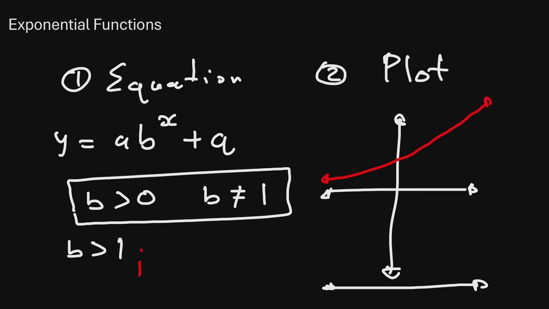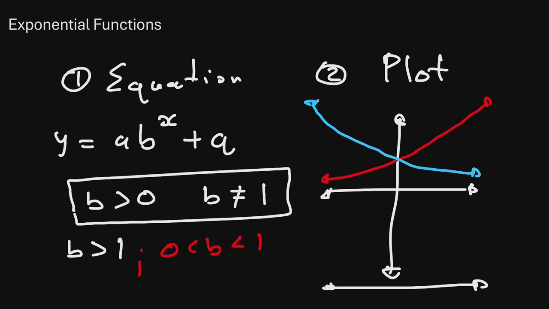But secondly, if the value of b is in between 0 and 1, our function is going to be a decreasing function. This means that as we move from left to right, the values of the function decrease. It's going to be something like this.